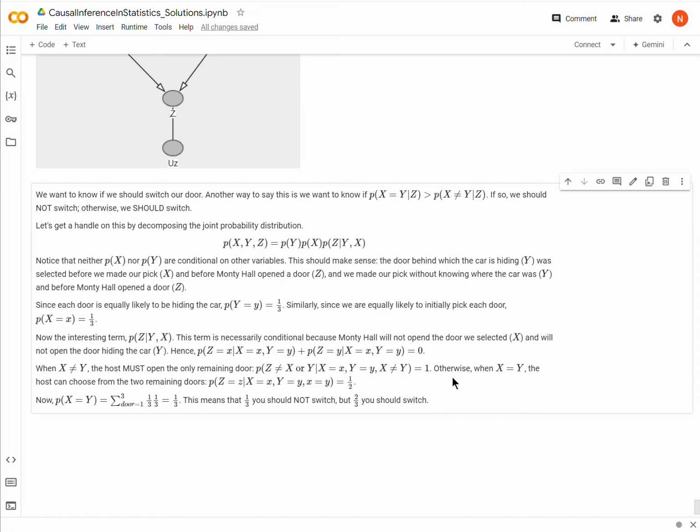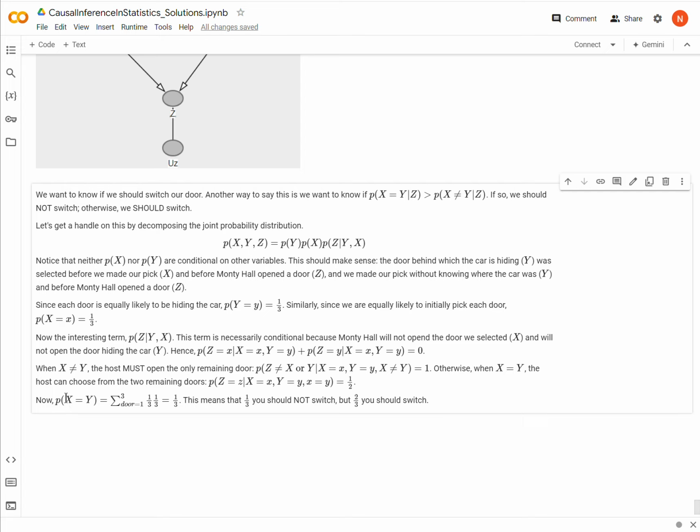In the case where x equals y, the host can choose from 2 doors, because if x equals y, that only is one of the doors, and so he can pick from one of the 2 remaining doors. So in that case, there's a 50-50 chance of picking either of the remaining doors.